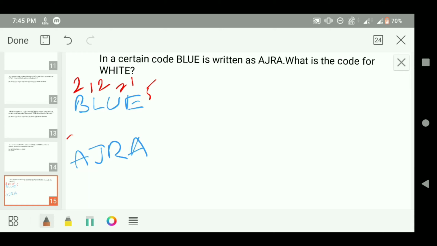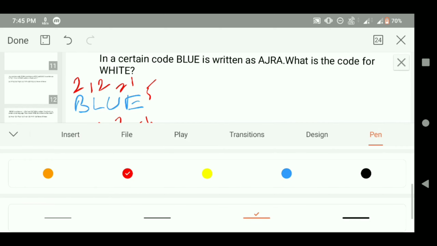So here we need to check the next coming letters, that is AJRA. Here A is 1, J is 10. Likewise, we need to check here. Either we need to subtract or we need to add. So we have to get the AJRA coding.